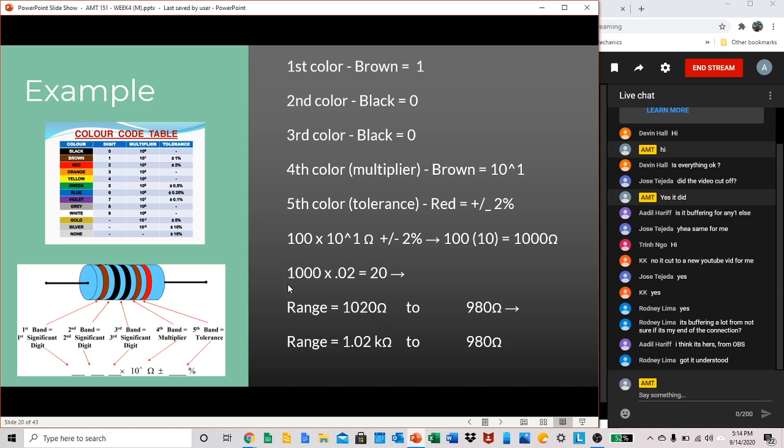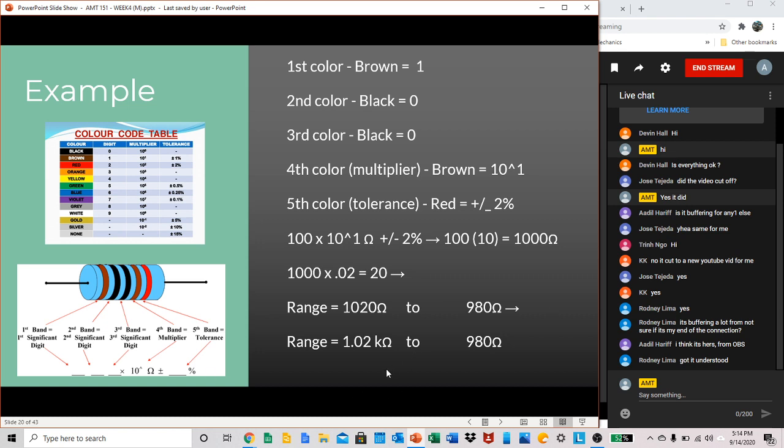Here I multiplied our 1,000 ohms by our percentage, and that gives us 20. So we want to subtract and add that to get the minimum and maximum values for our range. In this example, our range would be 1,020 ohms to 980 ohms. That's the range of this specific resistor.